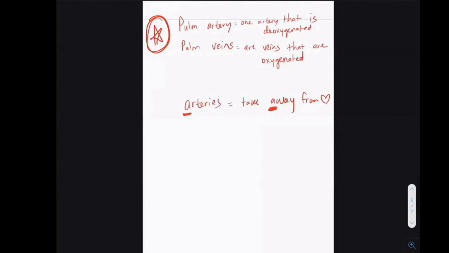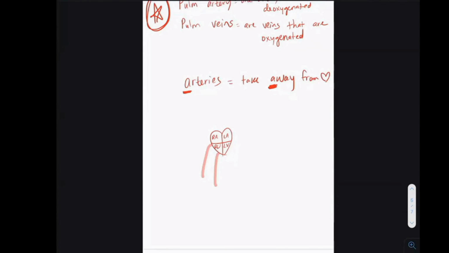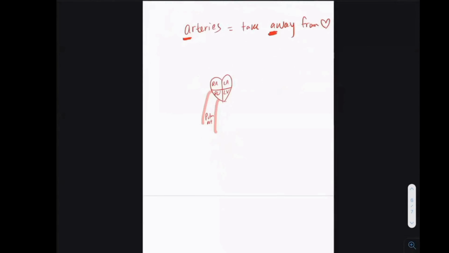Okay, and so let's just draw your heart. So right atrium, right ventricle, left ventricle. All right, so coming from your right ventricle, you have the pulmonary artery. All right, and so the pulmonary artery is going to take the blood to your lungs.